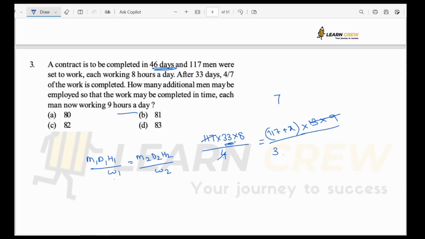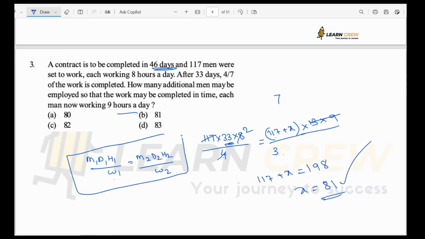Now 4 2s are 8. Now 33 into 3, 99. 99 into 2, 198. 117 plus x is 198. Thereby x would be how much? 81. Yes or no? This is the application: M1 D1 H1 by W1 is equal to M2 D2 H2 by W2.